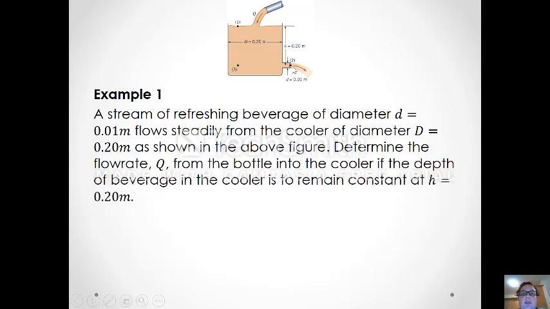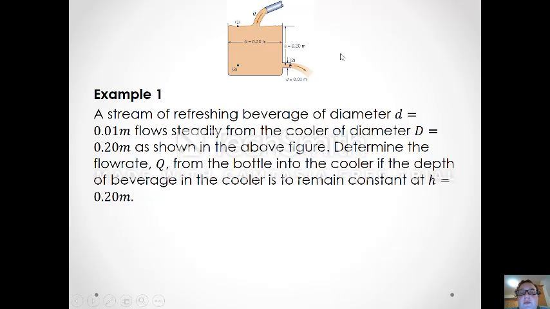Flows steadily from a cooler with a diameter of big D, 0.2 meters, as shown in the figure. Determine the volumetric flow rate Q from the bottle, so this Q, into the cooler if the depth of the beverage in the cooler is to remain constant at an H of 0.2 meters.